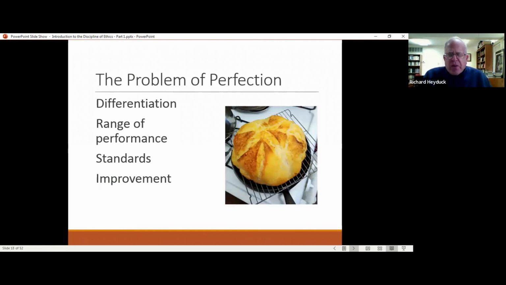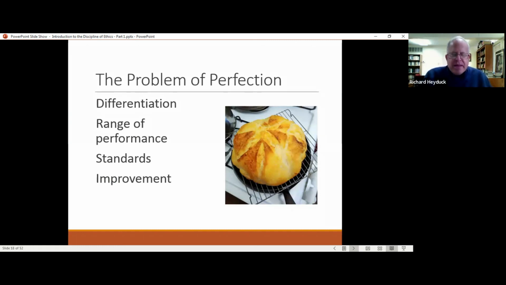I'd suggest that whether there can be expertise in an area depends on a few factors. Number one, can the activity in question be differentiated from other activities? When I bake, I turn on the oven. I can more easily imagine being an expert at baking than I can at turning on the oven.